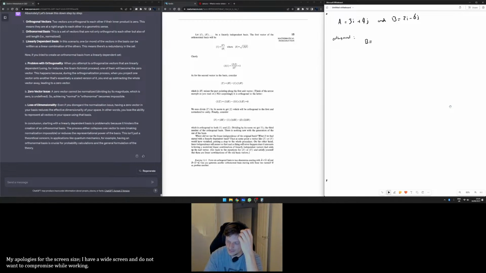Let's say C then. C equals B minus, and we need the orthonormal to do this. It says, can you generate another orthonormal basis starting with these two vectors? Form an orthogonal basis.